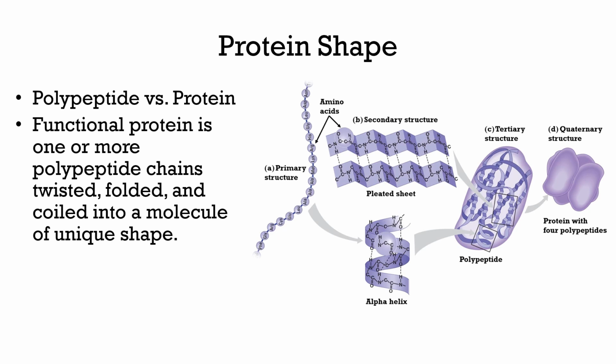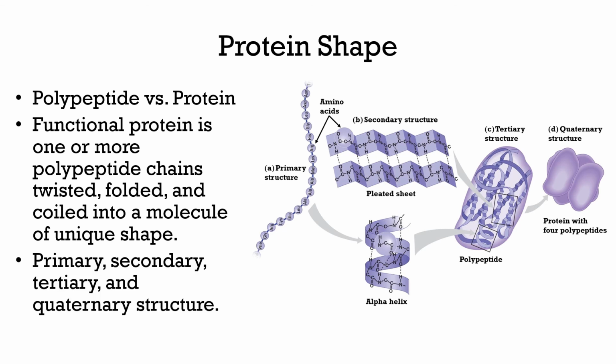So the way that it's shaped is going to determine how it functions. You can kind of think of it as you have a key and it has to be in the shape of the correct key, otherwise it will not be able to fit the lock. And so we're going to have this structural importance and this unique shape. There are 4 levels of organization. We're going to go primary, secondary, tertiary, and quaternary, and we'll talk about those 4 different levels.